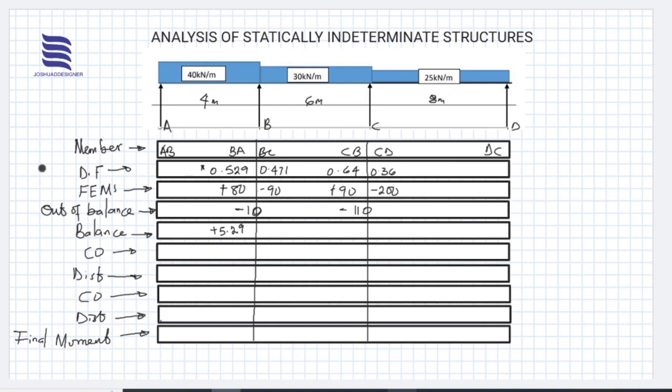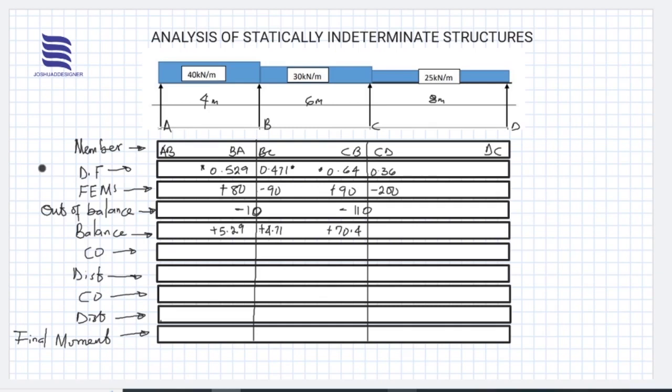And here you have also multiplying minus 10 by 0.471, you have plus 4.71. That's simple. Now multiplying minus 110 by 0.64, you have plus 70.4.